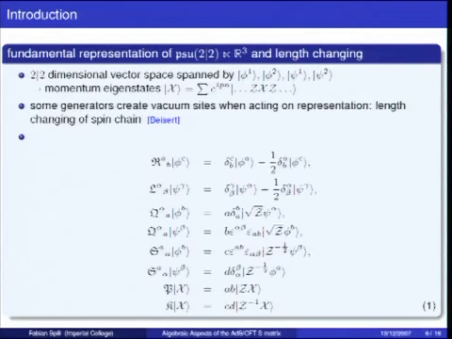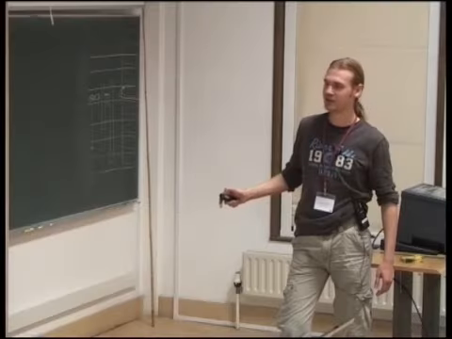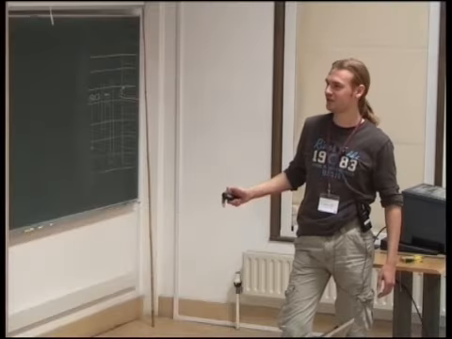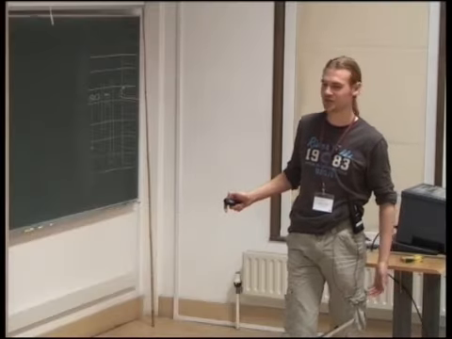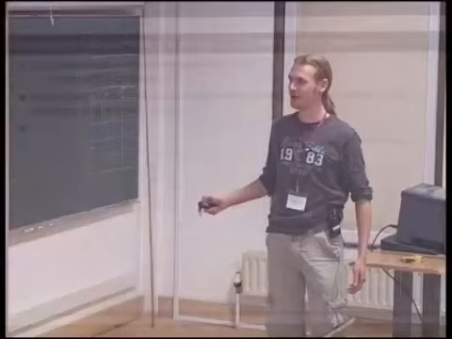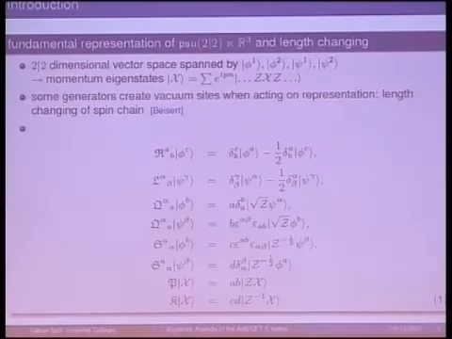As was also shown by Nicholas, some of those generators, the bosons, basically act canonically on the spin chain, but the fermions change the length of the spin chain, so they create or annihilate vacuum fields, or in this strange basis, half vacuum fields, but this is the basis appropriate for studying the algebra behind.